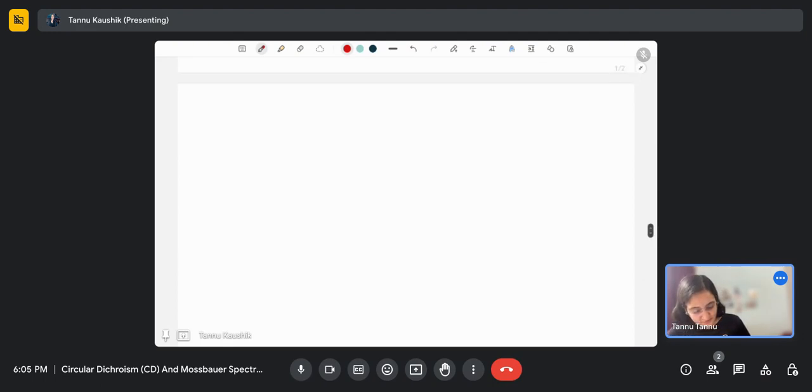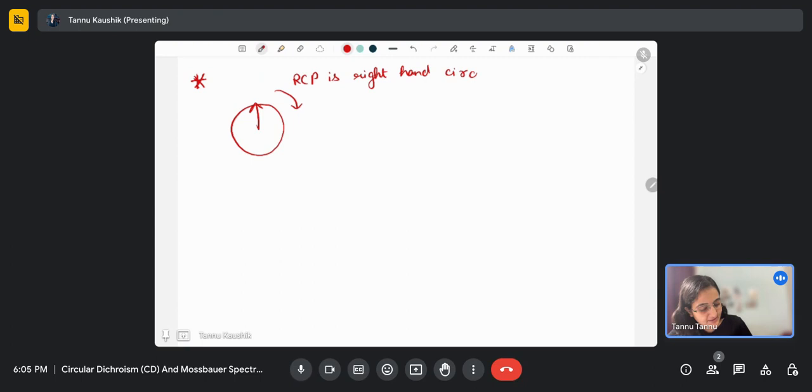Okay, so let's get started now. So, for example, we have a right hand circularly polarized light, RCP, right hand circularly polarized light.